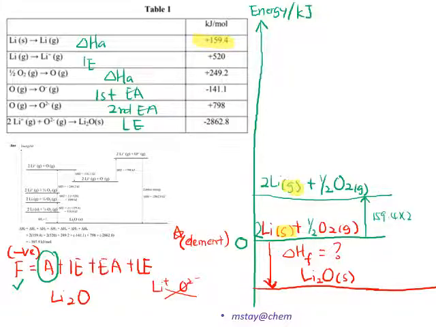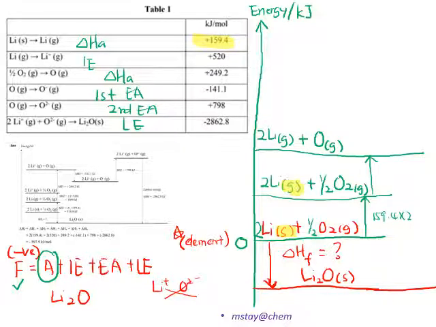After the atomization for the lithium, we can proceed with the atomization for the oxygen gas. This time, 2 moles of gaseous lithium are maintained, and oxygen gas will become 1 mole of gaseous oxygen atom.